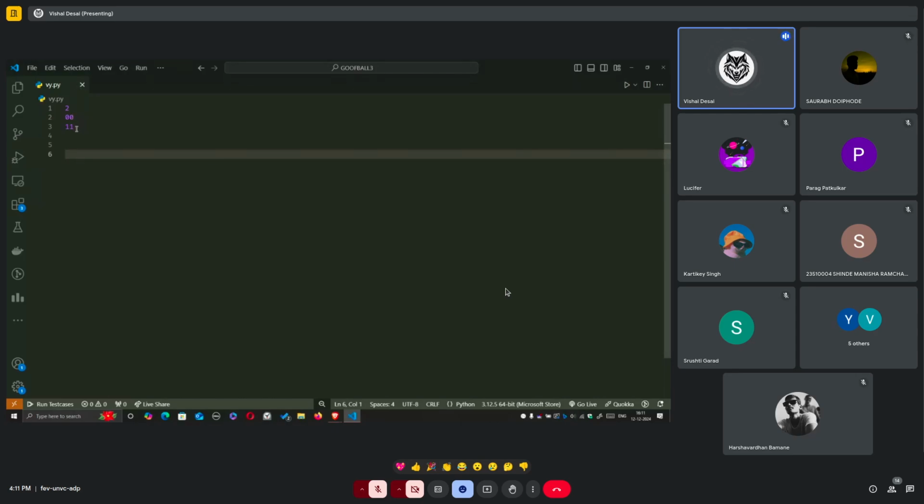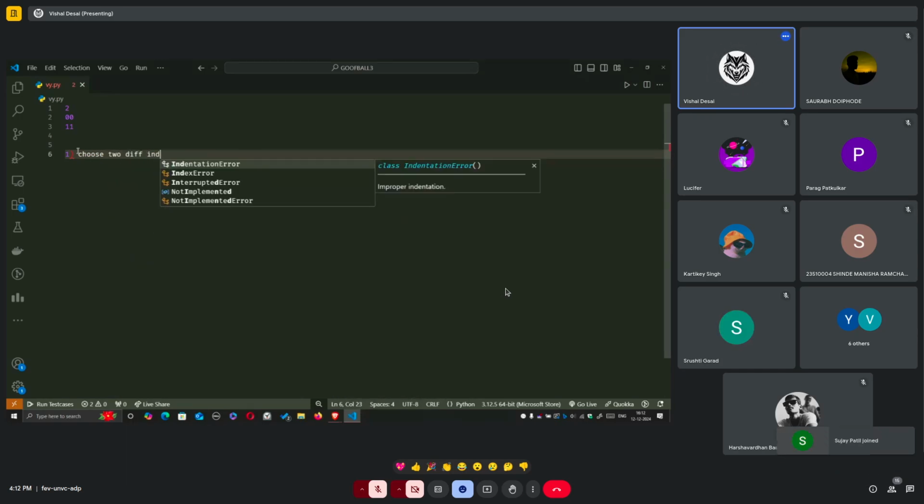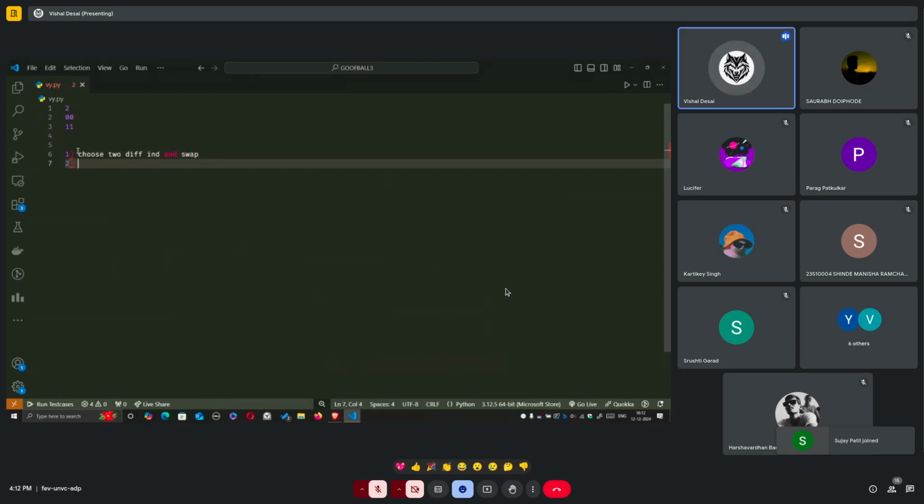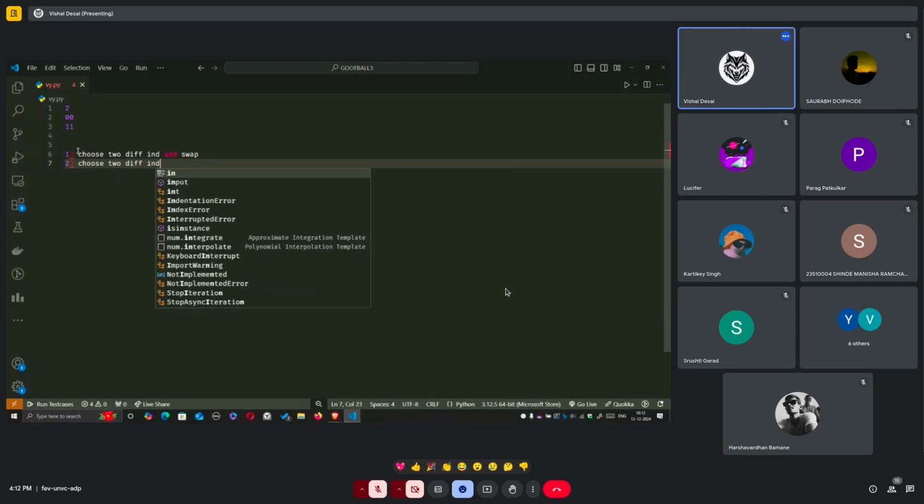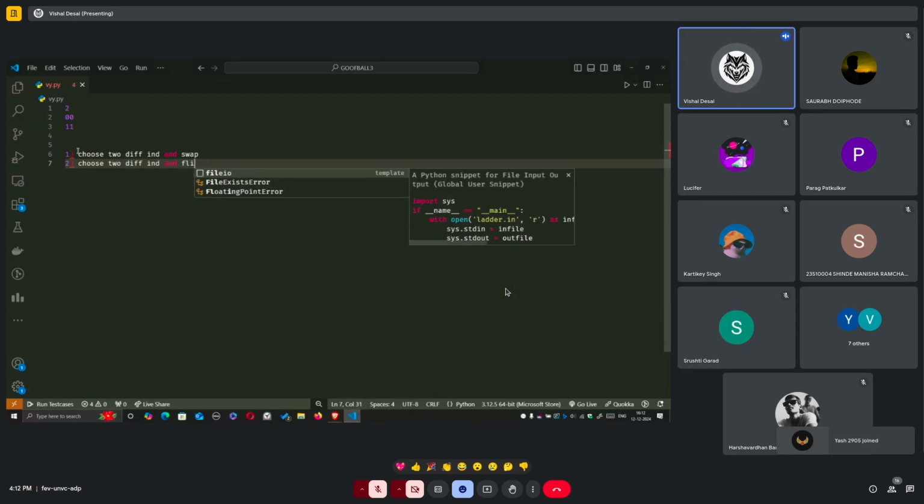So what is our first operation? Choose two different indices and swap. That's our first operation. Or else, our second operation is choose two different indices and flip the bits.